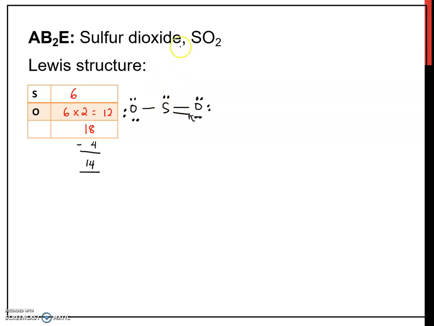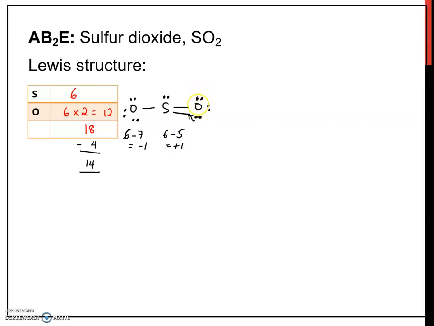So the possible Lewis structure for sulfur dioxide. We check the formal charge first for this oxygen. 6 valence electrons minus 7, so minus 1. For sulfur 6 minus 2, 3, 4, 5, plus 1.